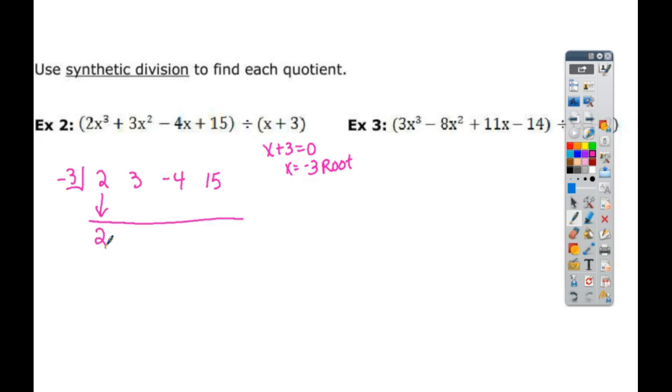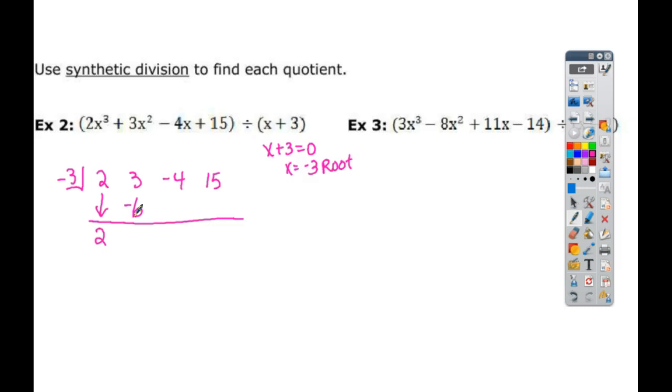We're going to multiply on the diagonal and add straight up and down. Multiply on a diagonal, add straight up and down. So the first thing, this is a diagonal, so what did I say we do on the diagonal? So -3 times 2 is -6 all day. So once we get the -6, this is up and down.